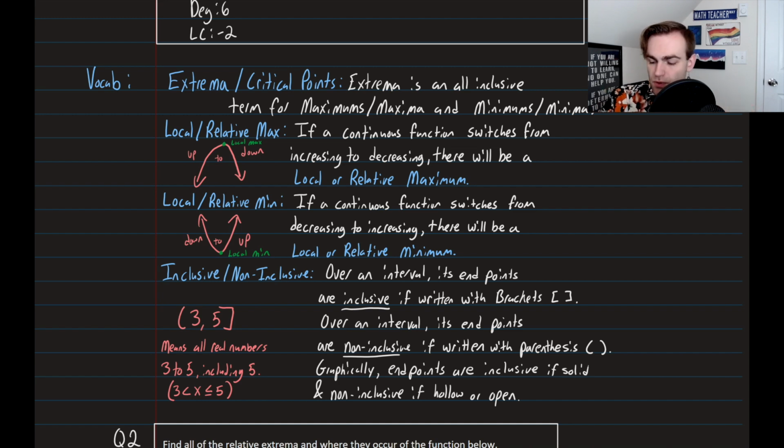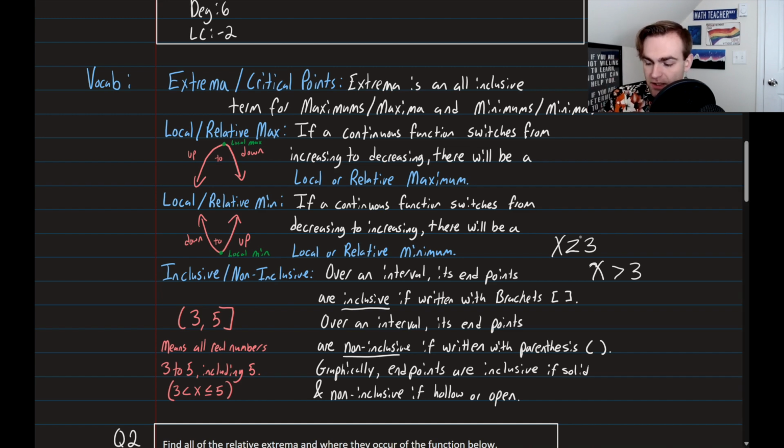If you're used to inequalities, x is greater than or equal to 3, we would say we want all values greater than 3, including the 3. Where if we have x is greater than 3, we want all the values greater than 3, but we're not including 3. It's non-inclusive. So inclusive you can think of as or equal to, non-inclusive you can think of as just not equal to.